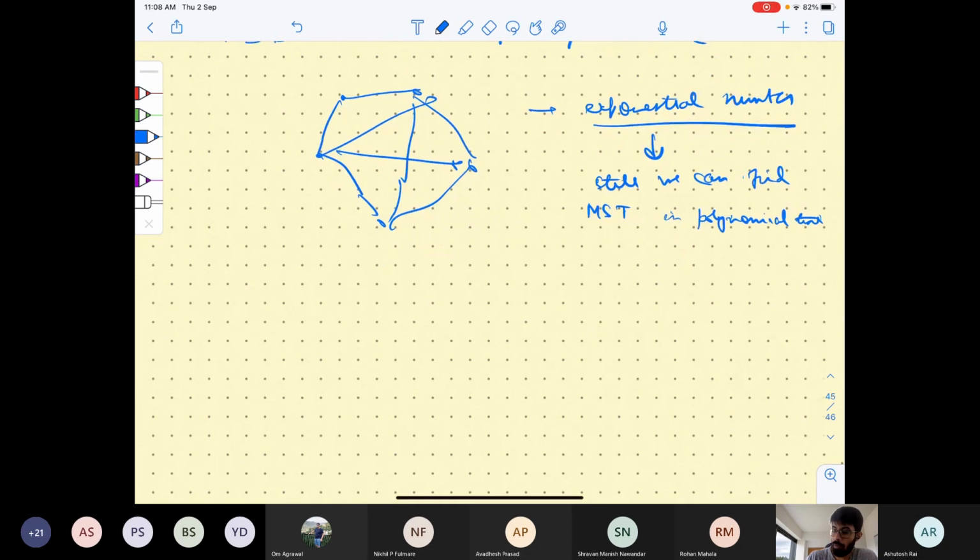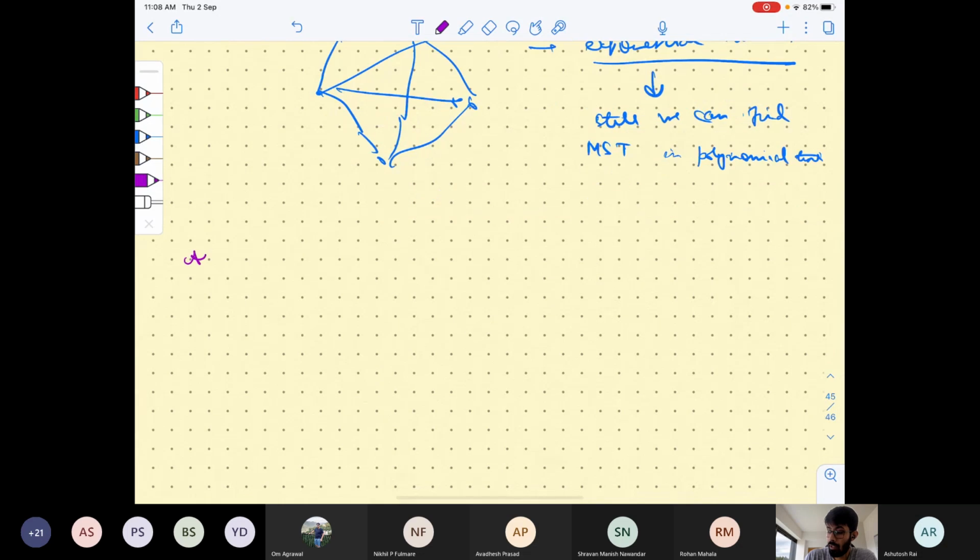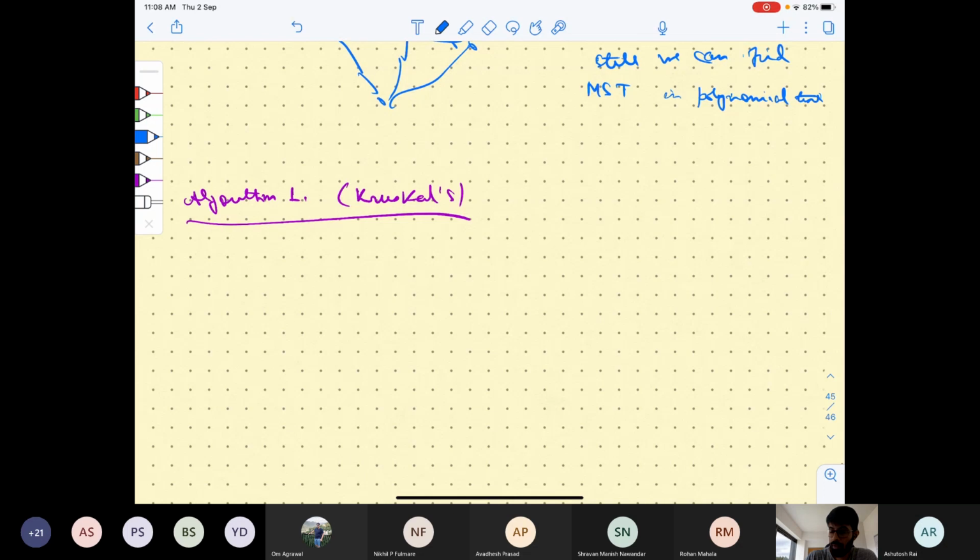Let's look at the algorithms one by one. Algorithm one is called Kruskal's algorithm. Again, you might have seen this in the data structures and algorithms course. So what does it say?